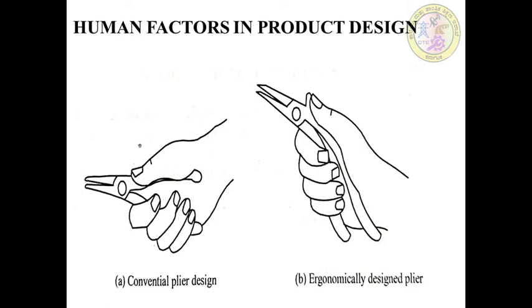A set of instructions or warnings should be clearly indicated in a conveyable manner, so that people working with the product can understand them. Making appropriate decisions regarding proper usage and safety is very important in human factor product design. Adopting an effective design for assembly approaches is also important.